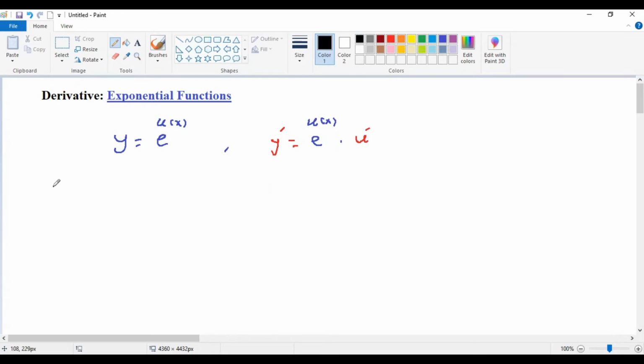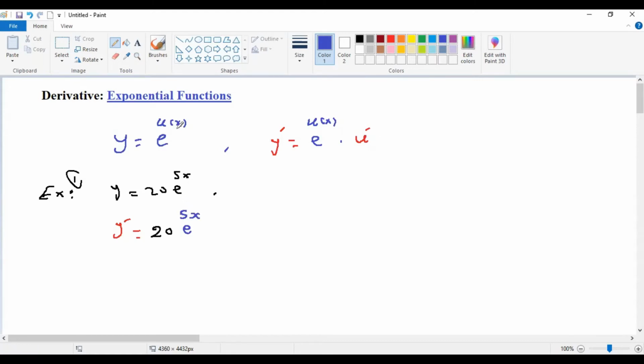Example, students. Example number 1. Let us say y equals 20 e to the power 5x. To find y prime, the derivative dy/dx: 20 is a constant, it is k. The derivative of e to the power 5x is the same e to the power 5x.